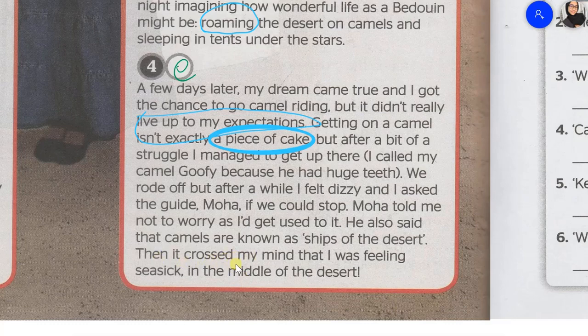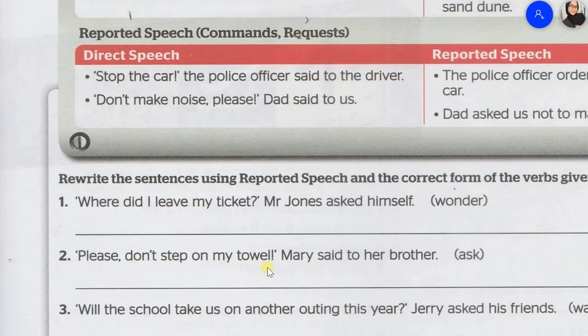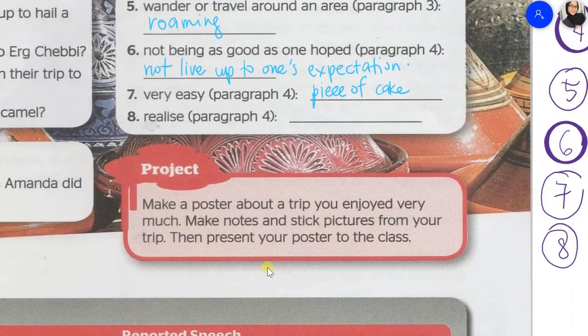It crossed my mind. So realize here means cross one's mind. Terlintas di minda seseorang.